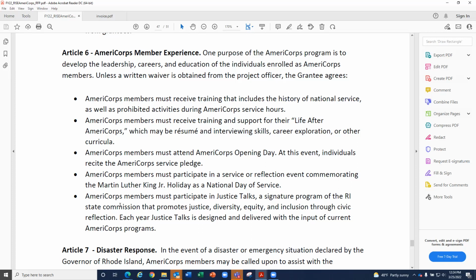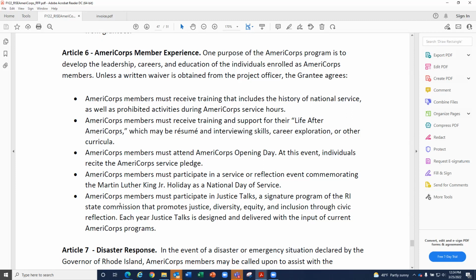We have our own template for that training. We also currently have access to an online service, so you will not be alone in trying to implement this expectation, but just wanted to highlight that one.